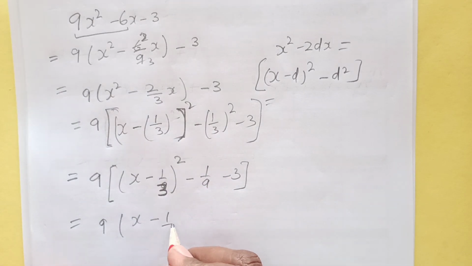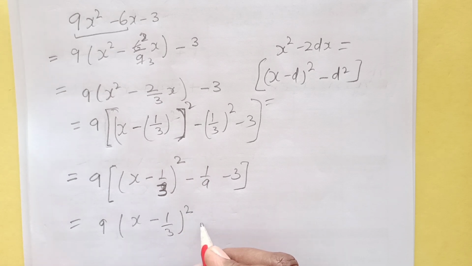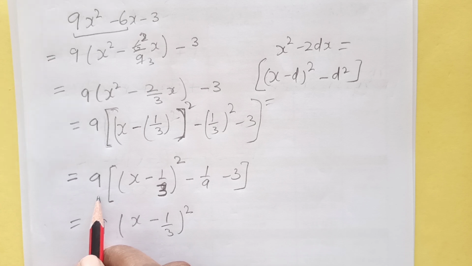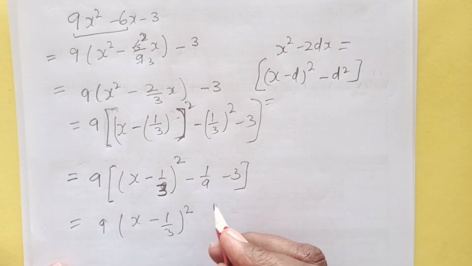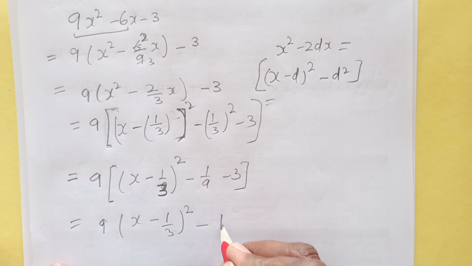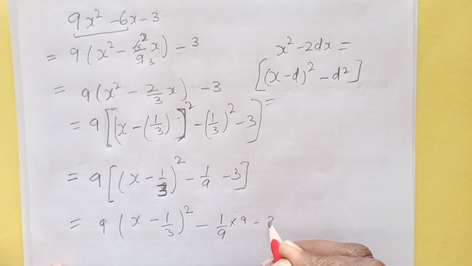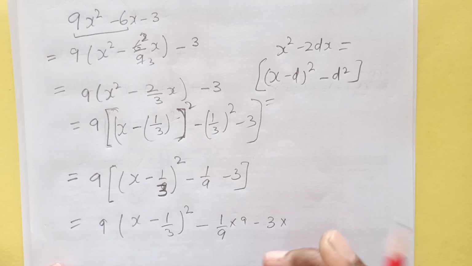Okay, so 1 over 3 squared, when you solve this one, this 9 is going to be multiplied by minus 1 over 9, times 9, minus 3, but 3 is outside, right?